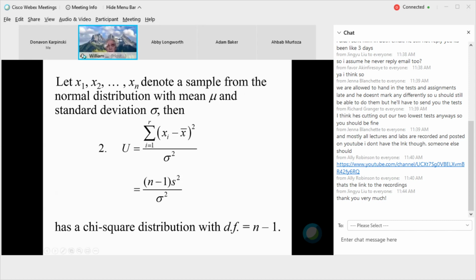The top is really n minus 1 times s squared. If you divide the top by n minus 1, you get the sample variance. This has a chi-squared distribution. The degrees of freedom is n minus 1.